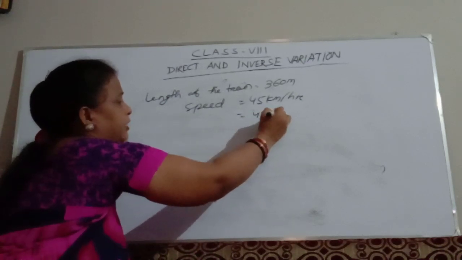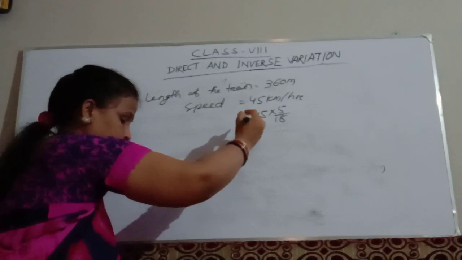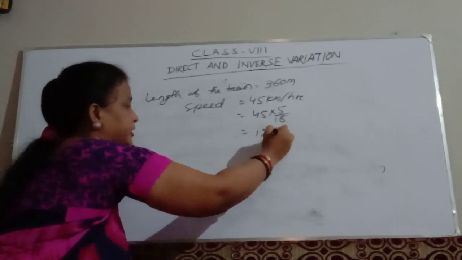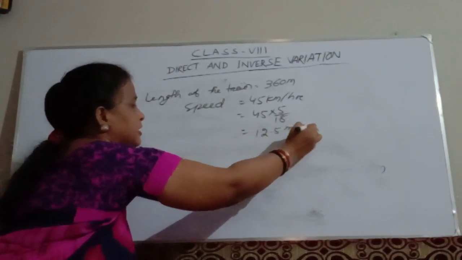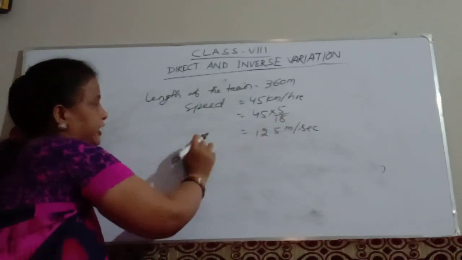Simply you can multiply 45 by 5 by 18. So this answer is 12.5 meter per second. That means in 1 second it covers 12.5 meter.